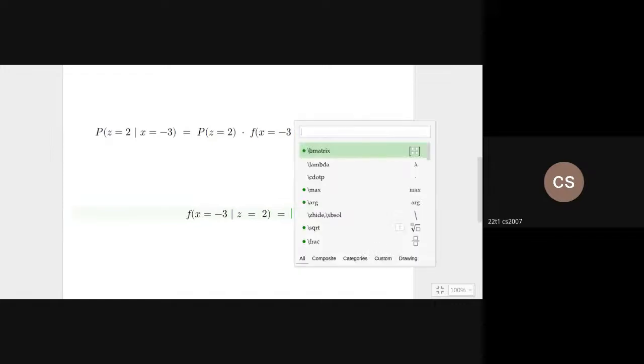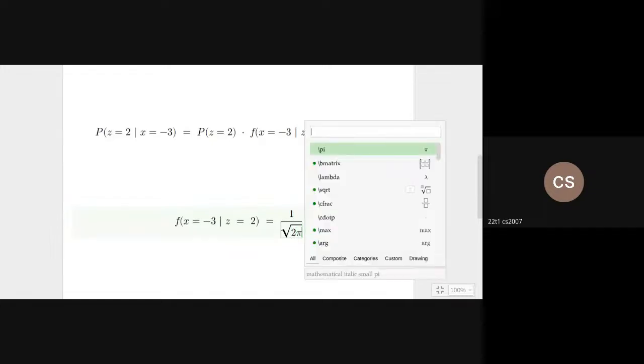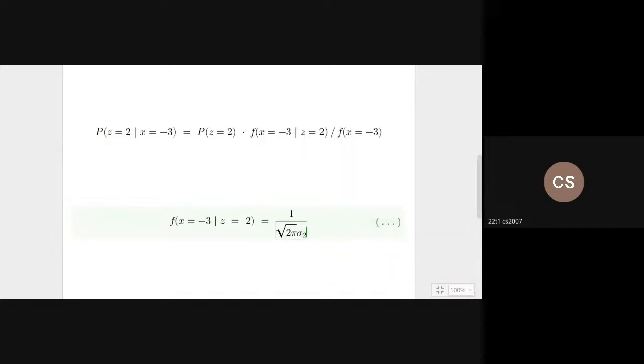It is 1 by root 2 pi sigma 2, and I do exponential of minus x minus mu2 whole square, divided by 2 sigma 2 square.